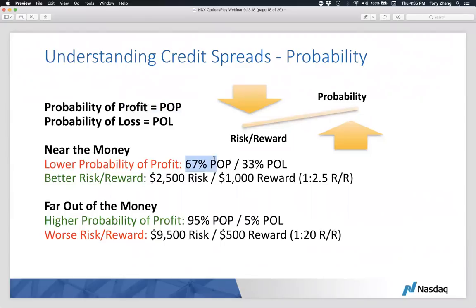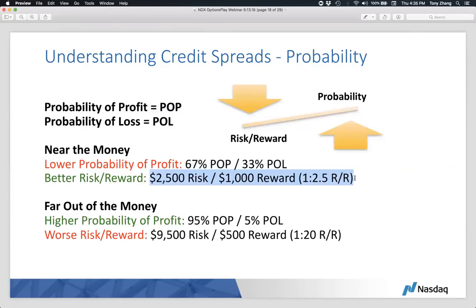So usually 60, 70% probability of profit is the type of trade that you'll find when you're selling credit spreads that are close to the current price. The benefit of that lower probability of profit is that your risk to reward, generally speaking, is much better, meaning you're risking usually about $2,000 to $3,000 for every $1,000 in potential reward on a trade like this.